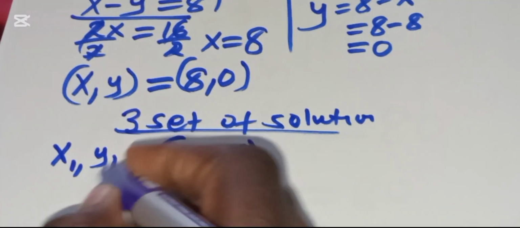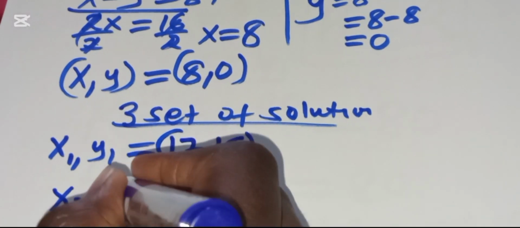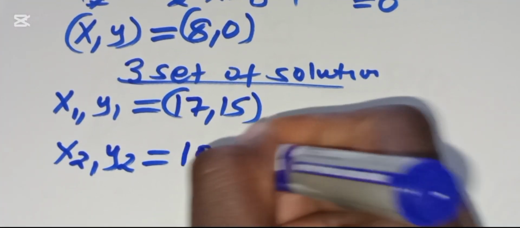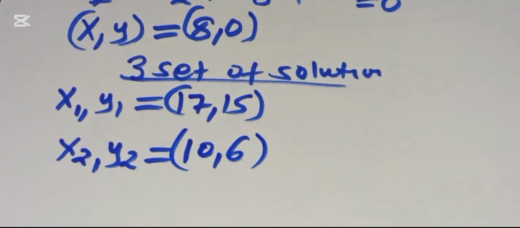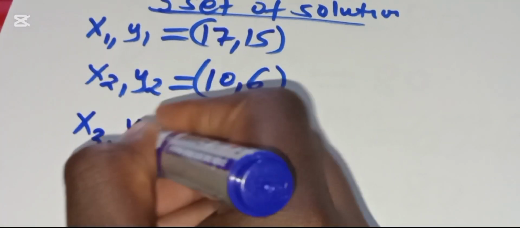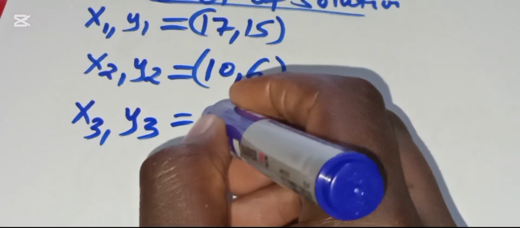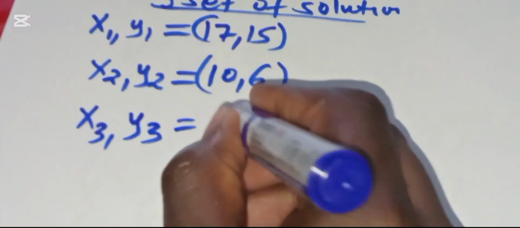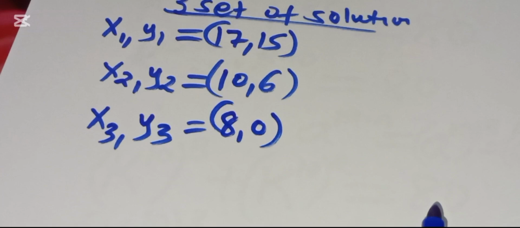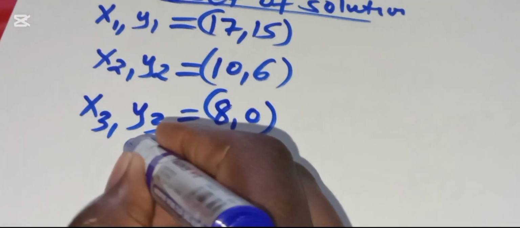Then x2, y2 equal to 10 and 6. And then we have x3 and y3, which is equal to 8 and 0. So let's verify if these 3 sets of solution satisfy the equation.